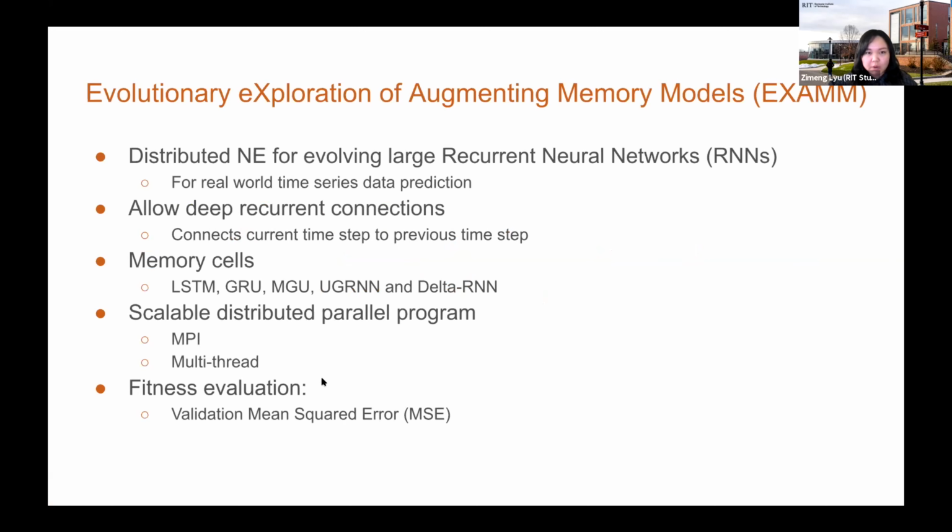The recurrent neural networks are used to predict real-world time series data sets, and it allows deep recurrent connections that connect the current time step to previous time steps. EXAMM evolves different memory cells, and it is also a scalable distributed parallel program, with MPI and multi-threaded versions of this framework. We evaluate the fitness of the genomes by mean squared error on the validation data set.